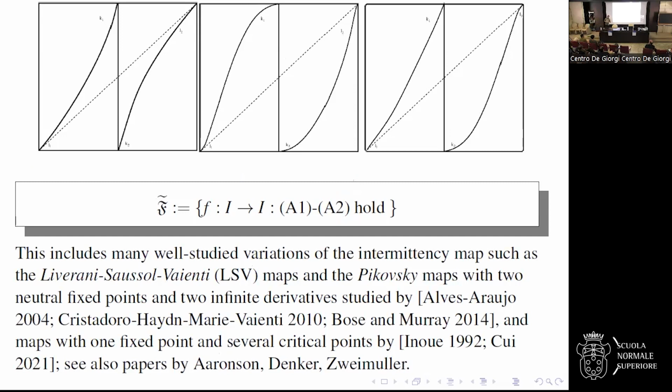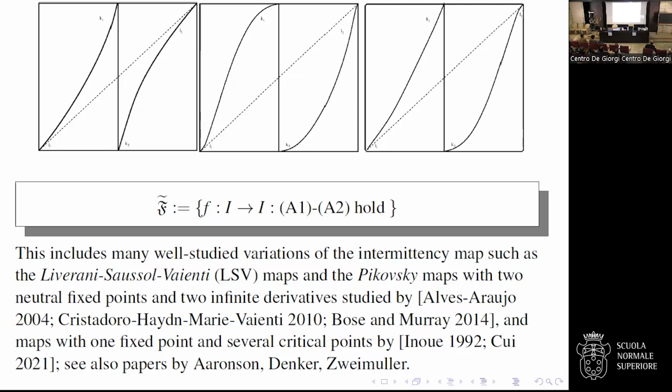And at this point, I want to plead forgiveness from anyone who I forgot to mention, because I think almost everyone in this room has worked on various intermittency maps. So I've just given a few references that are particularly relevant, but it is amazing how many, literally, I think probably 70% of people here have worked on intermittency maps.